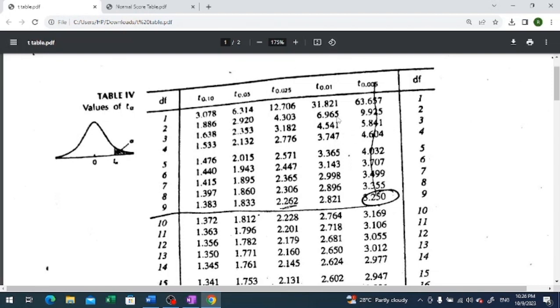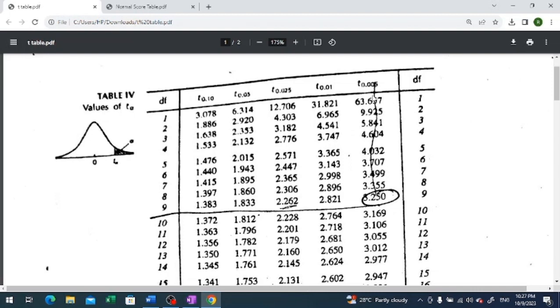Similarly, if we consider this column, it has a subscript 0.01, and how do we get this 0.01 in each tail? When we consider 98% confidence interval, which is the central part under the curve, then the remaining 2% will be equally assigned to two tail regions. Each tail will contain 0.01.